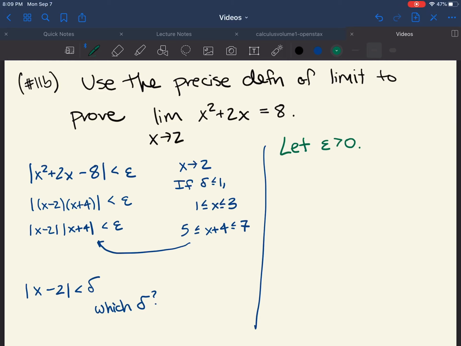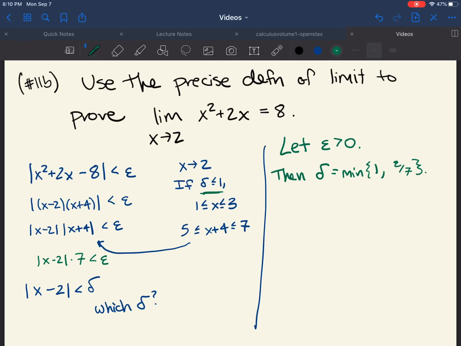And then what we'll do is we'll say, okay, let delta be the smaller of 1, because we definitely wanted it to be at most 1, and here, x plus 4, we know x plus 4 is going to be less than or equal to 7. Okay, so we can take the minimum of 1 and epsilon over 7.